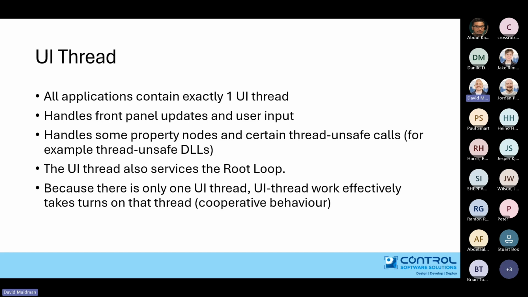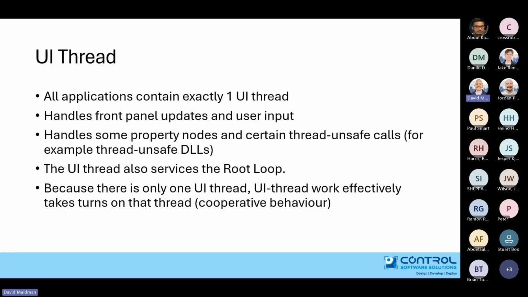Anytime you update an indicator, it will use the UI thread. Anytime you read from a control, it will use the UI thread. Also some property nodes. Property nodes influence the user interface, so some property nodes will make use of the UI thread, and also some thread-unsafe calls.